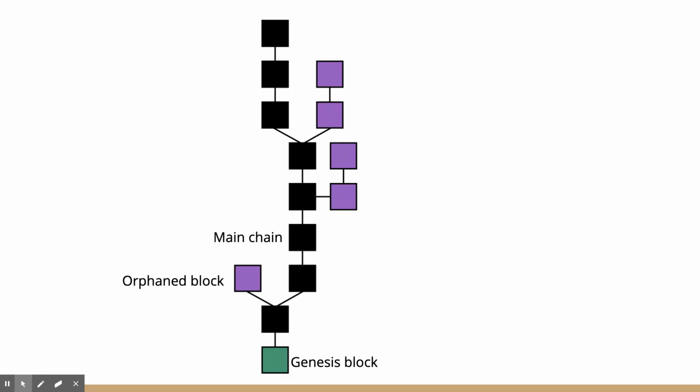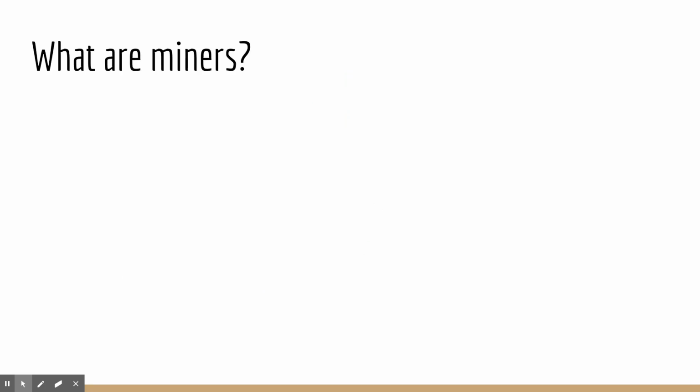However, in Ethereum, there is this concept of uncle blocks, and uncle blocks actually mean that instead of throwing them away, they actually accept them, but they pay a lower reward. So miners, when they mine, they get a reward, and that's what we're going to talk about in the next lesson.